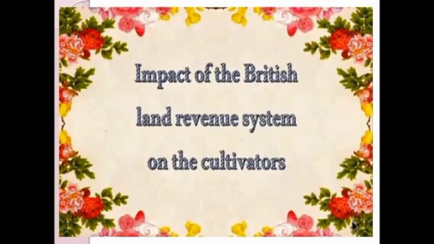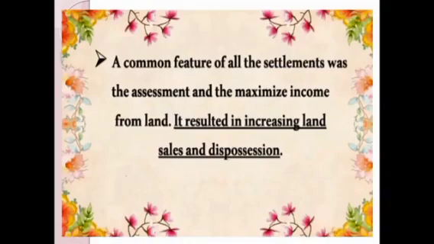So the first one is, a common feature of all the settlements was the assessment and maximization of income from land. It resulted in increasing land sales and dispossession. So the main motive of all the three settlements imposed by the British East India Company was to increase the income from the land.